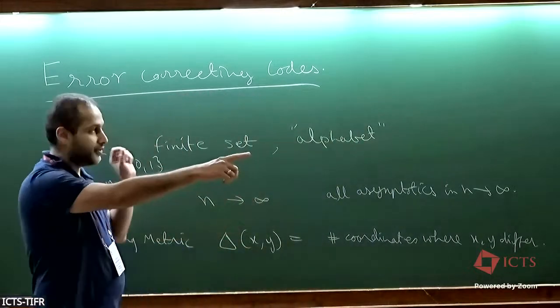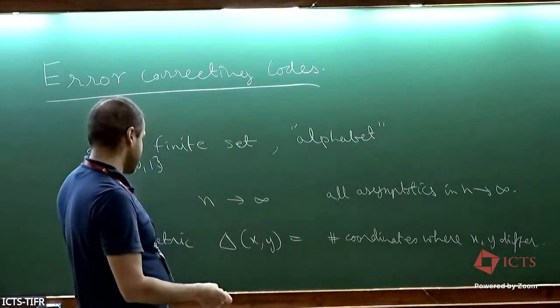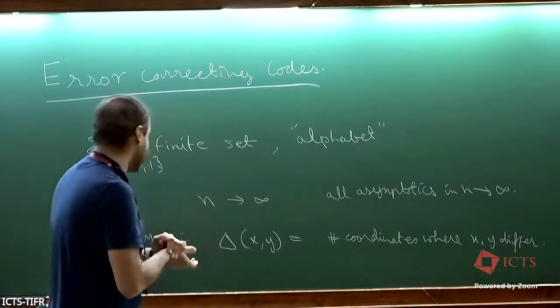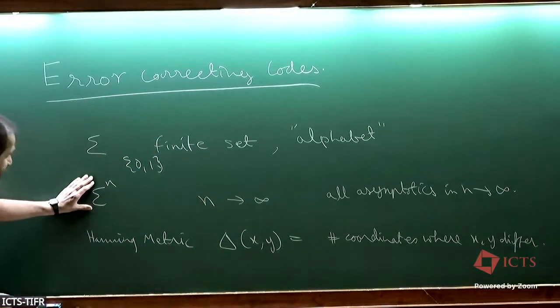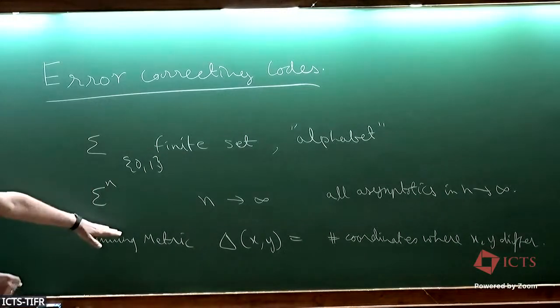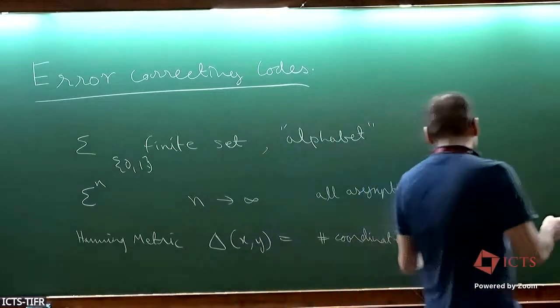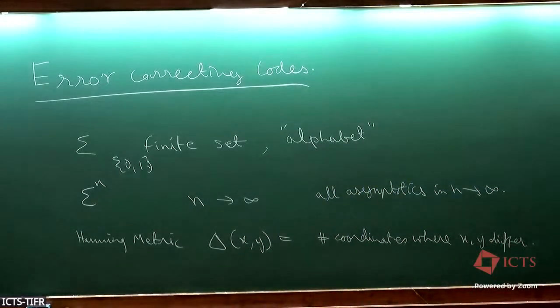So you're given two strings x and y, elements of sigma to the n. The distance is the number of coordinates where they differ. So now we have a big set, sigma to the n, which is huge, and a metric on it. And this satisfies the triangle inequality, so it is really a metric.